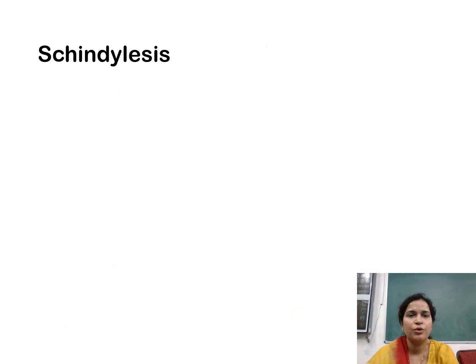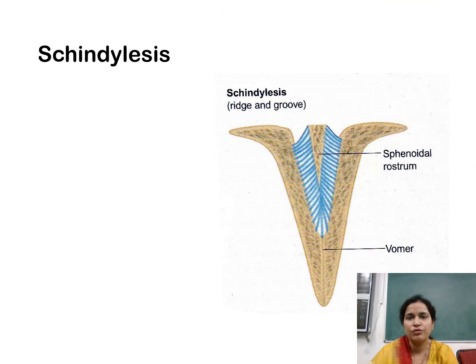Where is the schindylesis type of suture present? It is present at the ala of the vomer and the rostrum of the sphenoid, where the wedge-shaped vomer bone is.